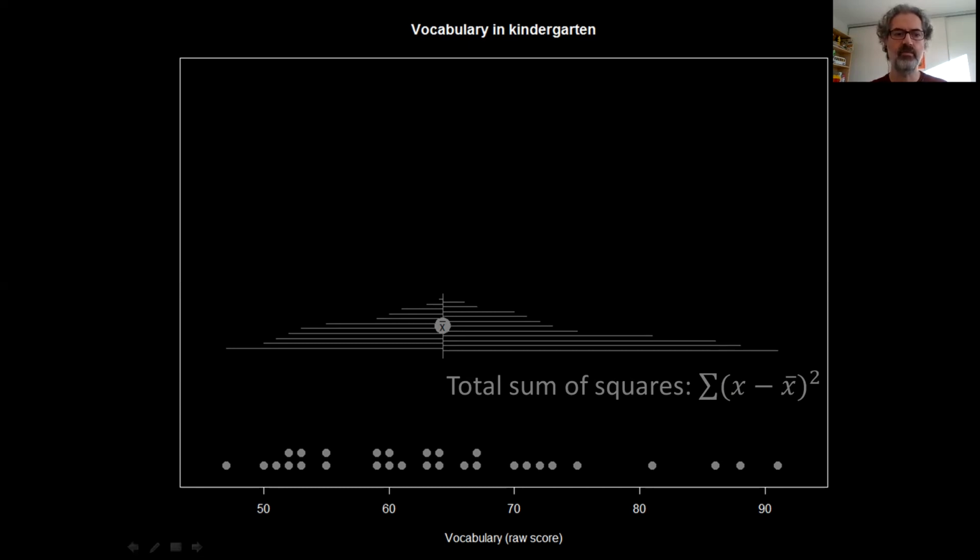So the correct way to formulate it is that we use each line to form a square with side equal to the line. And then we put all the squares together, and the total area is the total sum of squares. This would be the correct thing to say. However, it is difficult to visualize sums of areas.